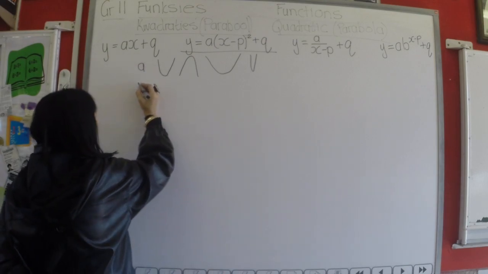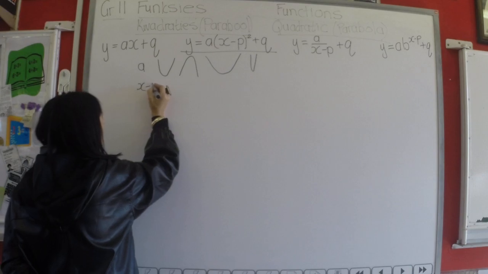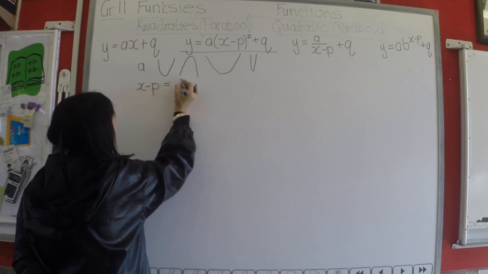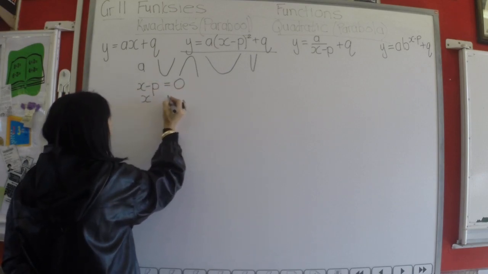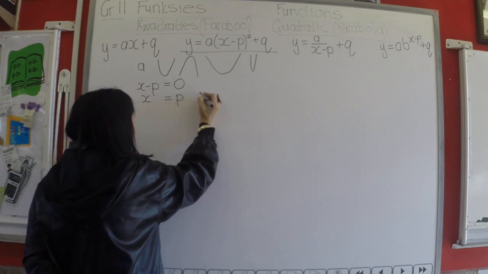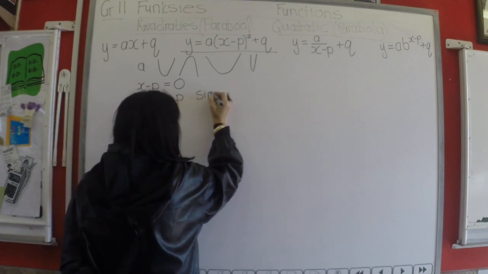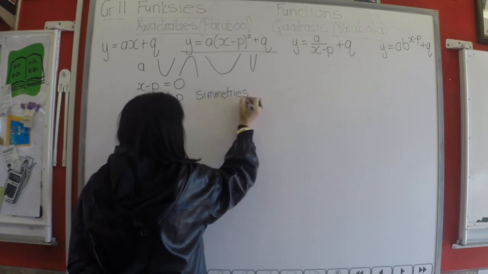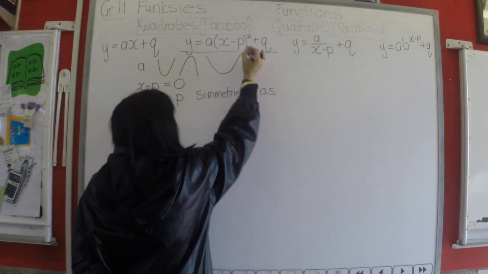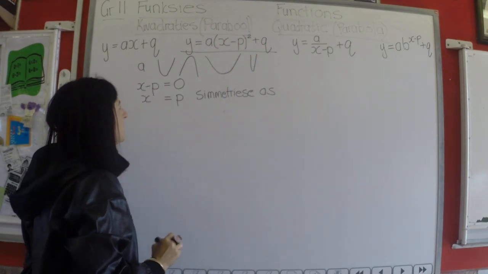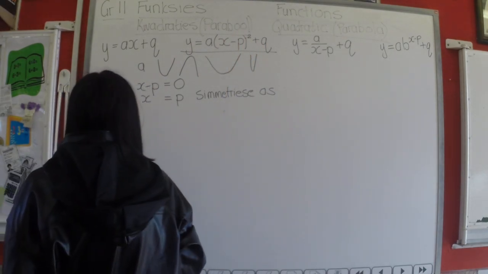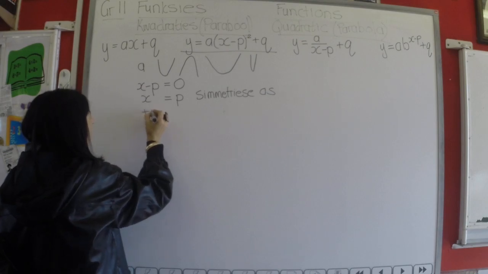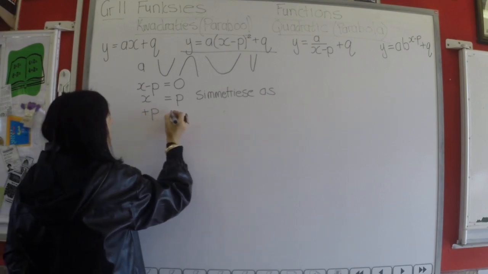The p value, if you take the x minus p and you equal it to 0, this equation gives you the symmetrical x, die symmetriese as. Met ander woorde, daai p-waarde is altyd jou symmetriese as.